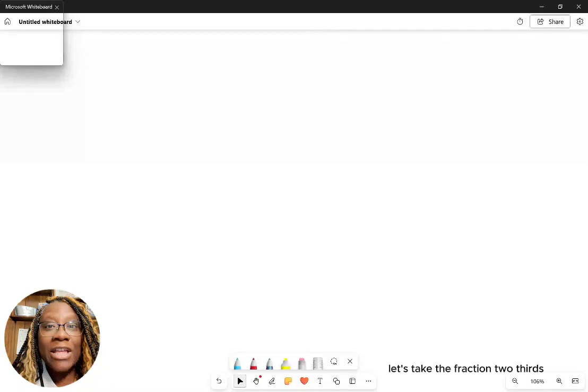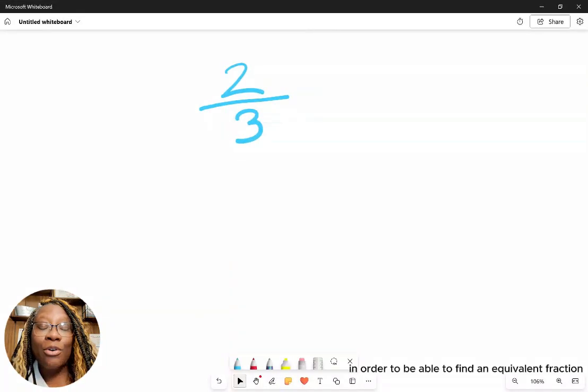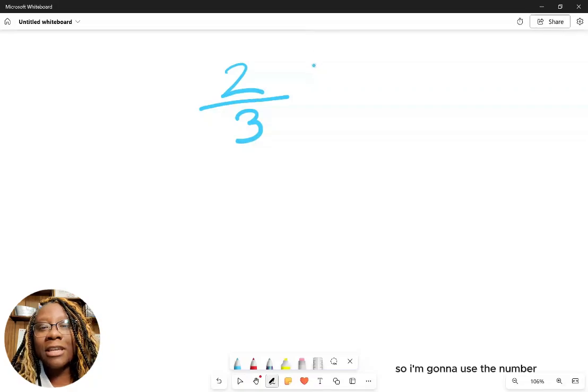Let's take the fraction 2/3. In order to be able to find an equivalent fraction to 2/3, we would multiply the numerator and the denominator by the same number. So let's say I'm going to multiply both of them by 2.